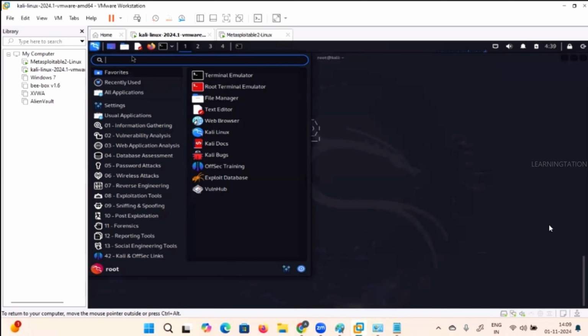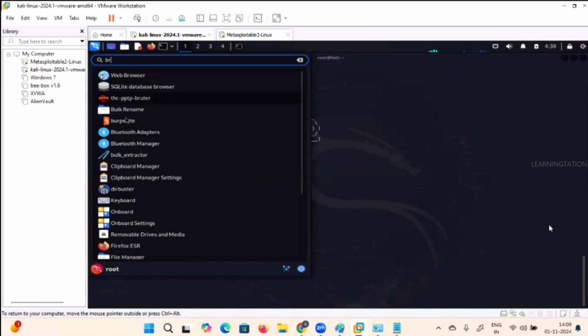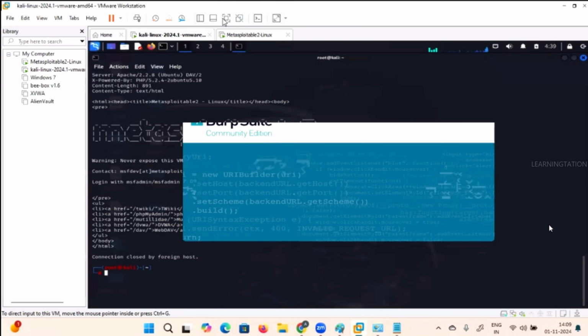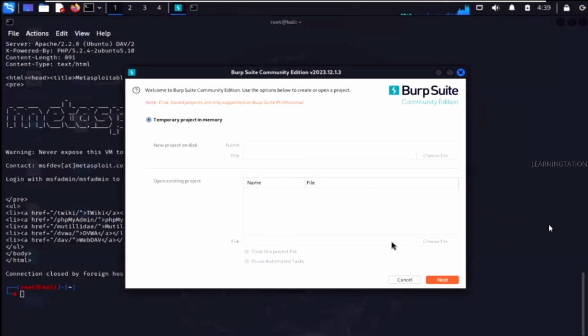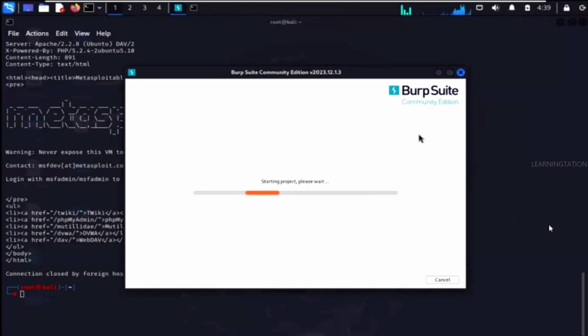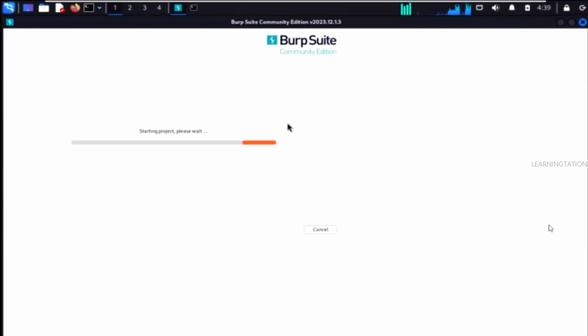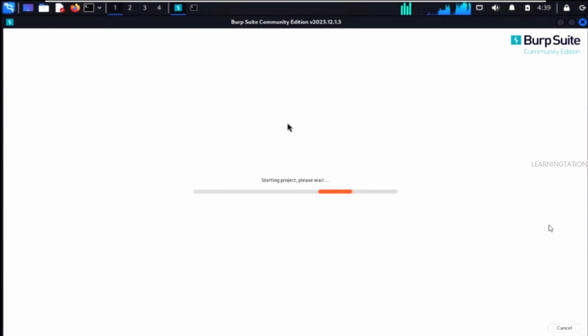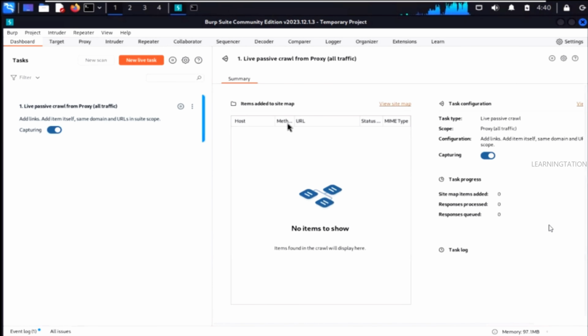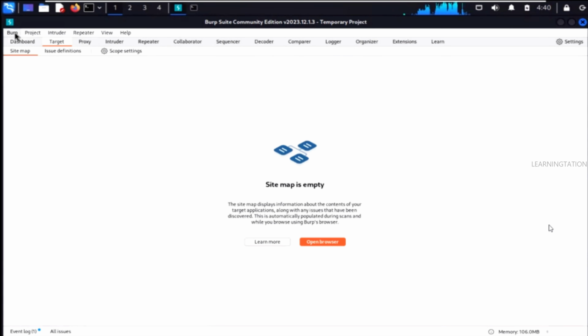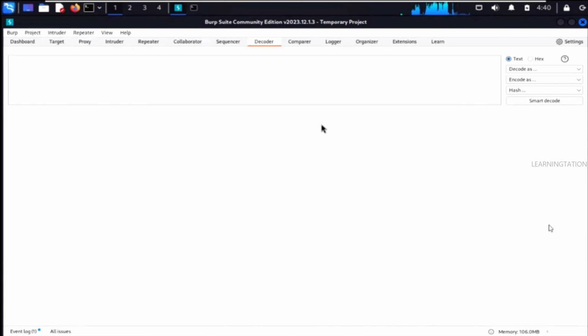So we have Burp Suite. It has an inbuilt feature to decode content. This is a decoder.